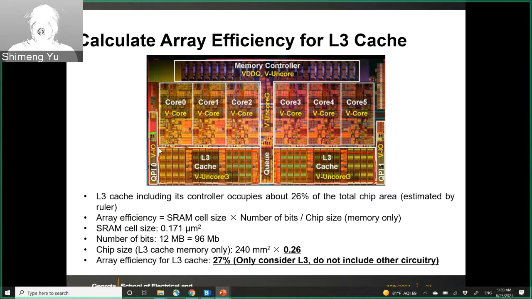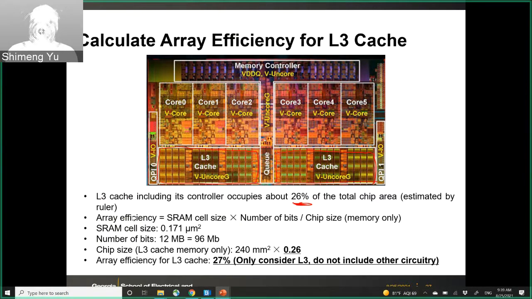You can use a ruler, and then you can get the X and Y dimensions for the L3 cache, and then you get the area, and then you divide by the total chip area. If you do that, it's about 26% in this example, estimated by ruler. So those two regions over the total chip area, it's about 26%.